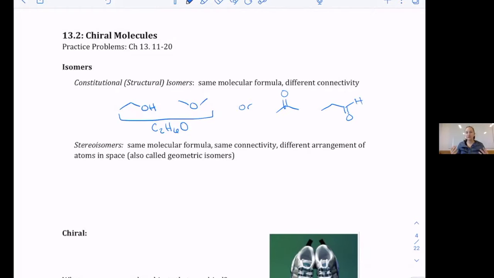A new kind, we're going to introduce this new word called stereoisomers. When we've talked about cis-trans isomers, they're a version of stereoisomers. Stereoisomers is the big umbrella phrase for these types of isomers, and there are a couple of different types within that. Cis-trans isomers are stereoisomers, which means they have the same molecular formula, but different spatial arrangement.